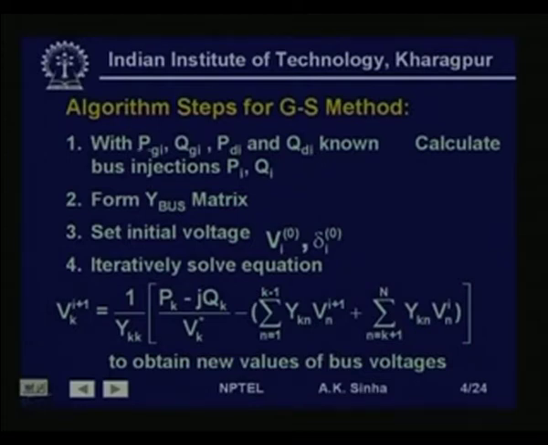Once we know these quantities, we can calculate P_i and Q_i. P_i will be P_Gi minus P_Di, and Q_Gi minus Q_Di will be Q_i. So we first need to calculate the bus injections.